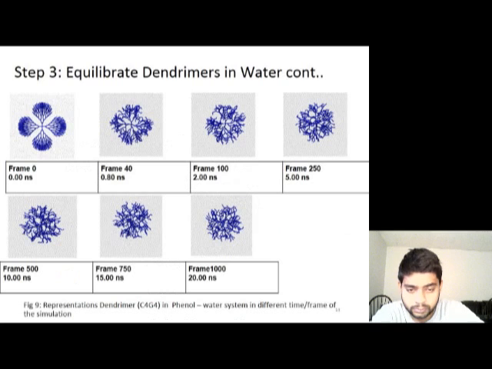We observe our simulation over 20 nanoseconds for 1000 frames, that means 50 frames represent 1 nanosecond. You can observe the dendrimer changing its shape over time.